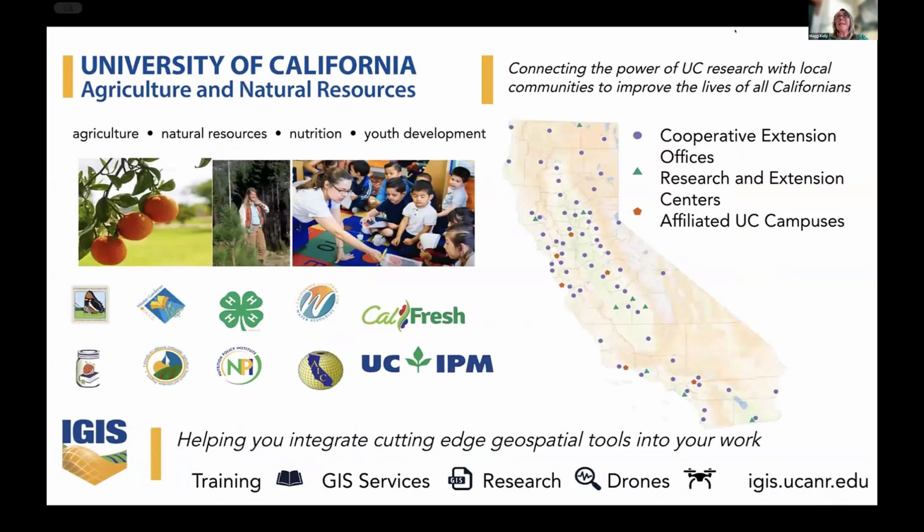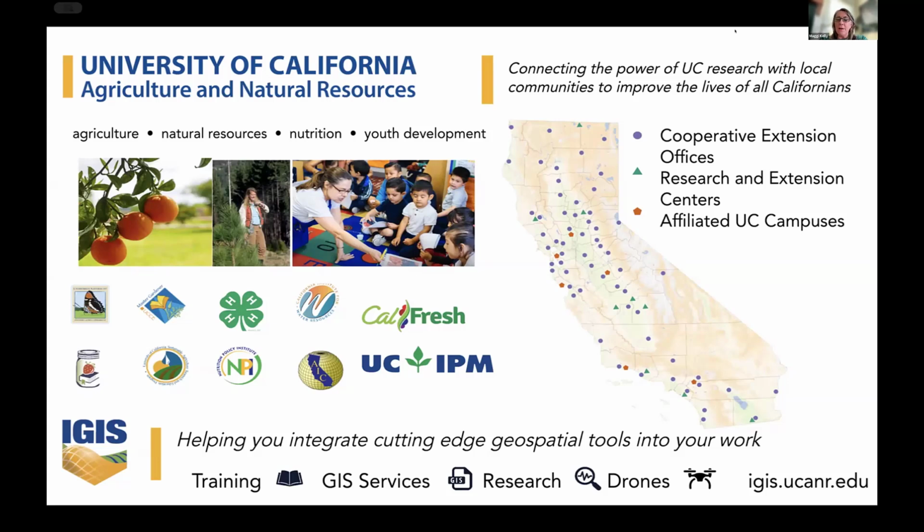But before we get into the technical side of things, I just wanted to orient us into who we are, the group that's putting on this workshop. We are called IGIS, Informatics and GIS program. We're a statewide program under the University of California Ag and Natural Resources group.